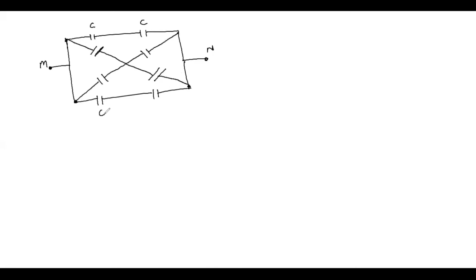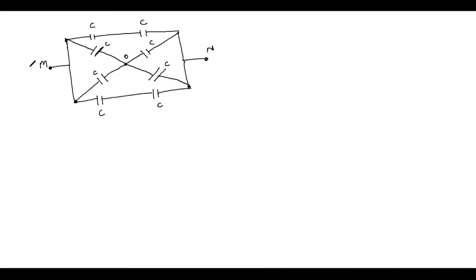So C, C, C, C, C, C. So you are having 1, 2, 3, 4, 5, 6, 7, 8 capacitors connected in this form. And you see that here you are having a common point O for these diagonal capacitors.